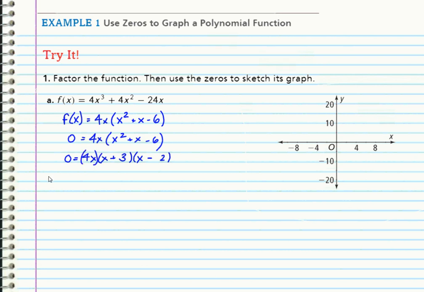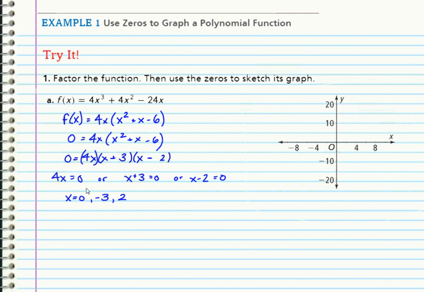So that means either 4x equals 0, or x plus 3 equals 0, or x minus 2 equals 0. And we solve them all. If you divide by 4 here, you get x equals 0. You solve here, you get negative 3. And you solve here, you get 2.